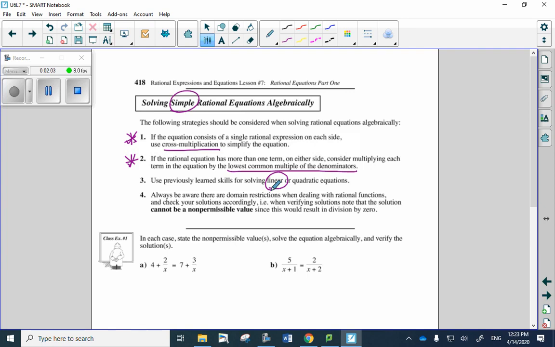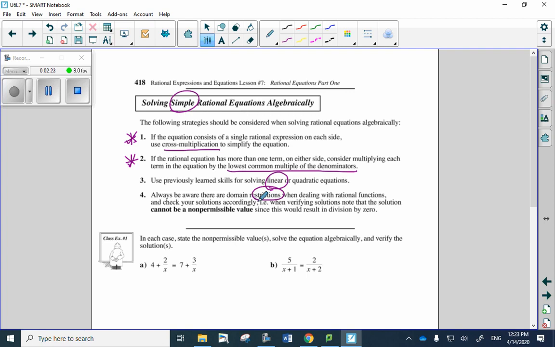But as in point 4, you always have to pay attention to your non-permissible values. Remember, there are going to be restrictions. If your solution is one of your non-permissible values, it won't be considered a solution. So we have to pay attention to our non-permissible values.